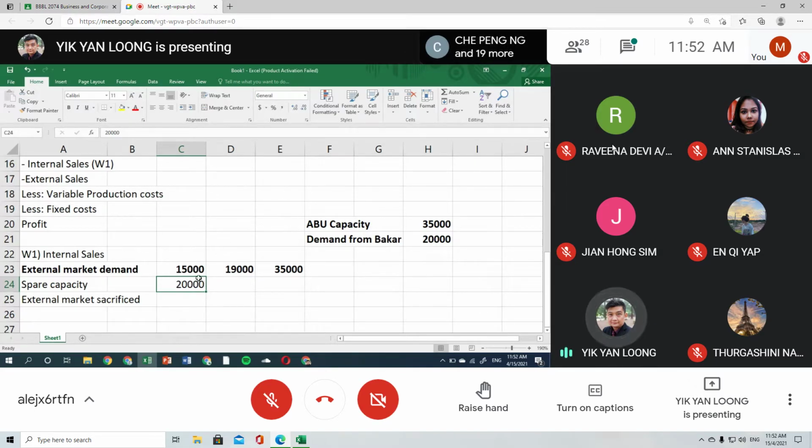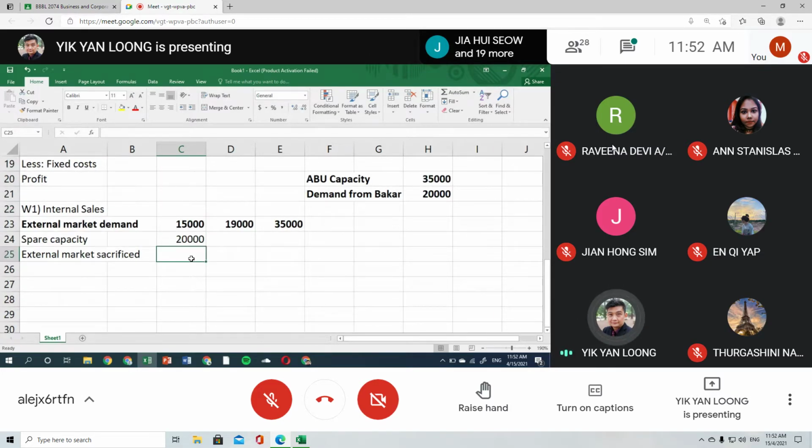Now Baka requires how many units? 20,000, right? So at these 15,000 units, there will be no sacrifice of external market demand.